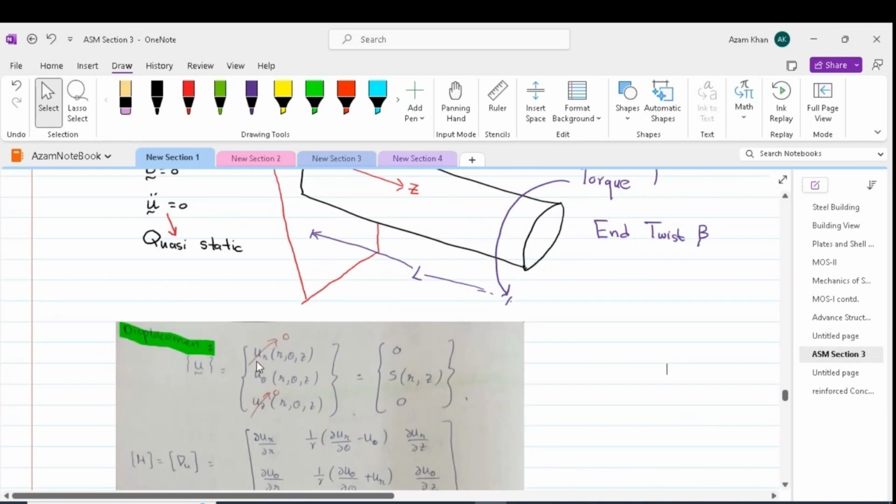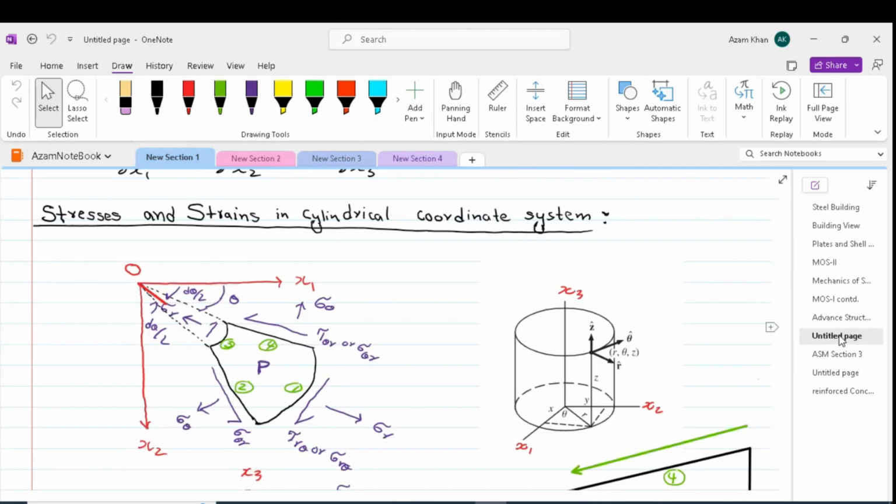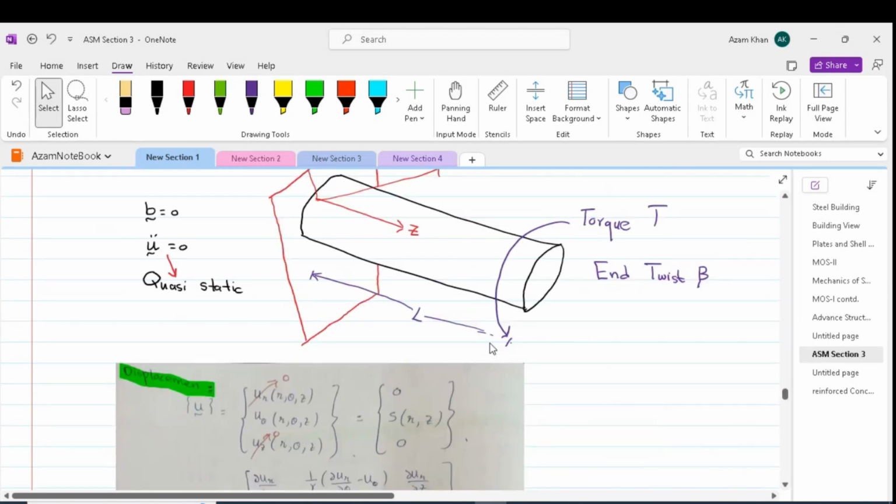The first assumption is that ur, which is the displacement in the r direction, is 0. ur equal to 0 means that there is no displacement in the r direction when the cylindrical body is subjected to torsion. Similarly, we assume that the applied torsion will not cause any displacement in the z direction.